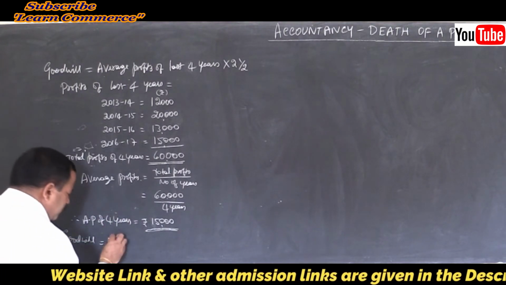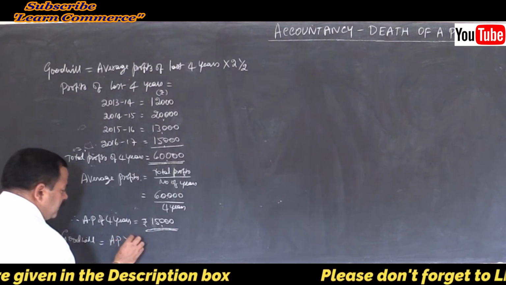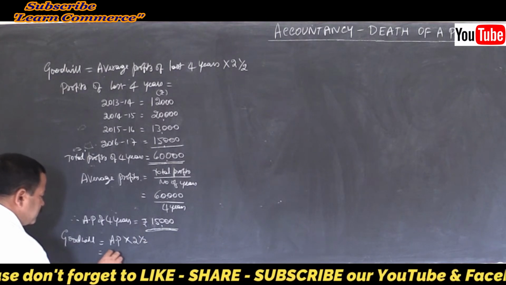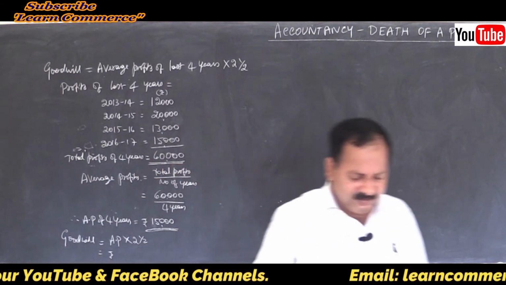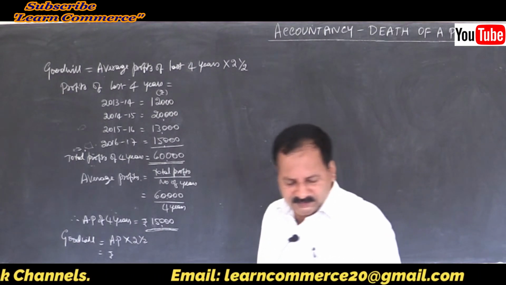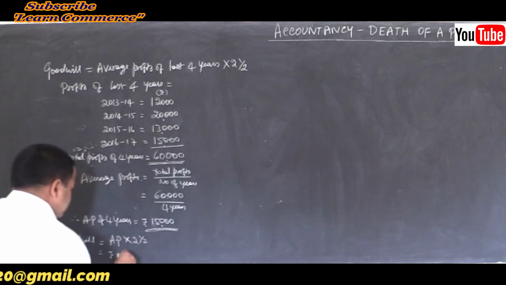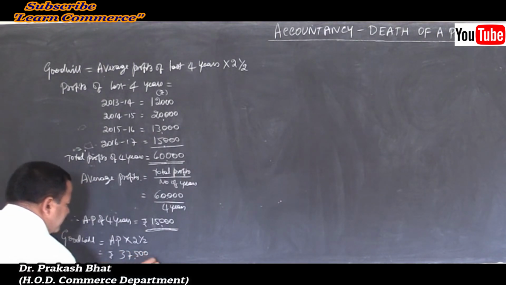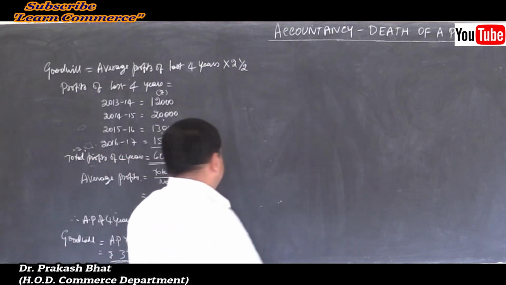Goodwill is equal to average profits into 2.5 is equal to rupees, how much? 37,500. Is that correct? Yes, 37,500. This is goodwill of the firm. Am I correct? Goodwill of the firm.